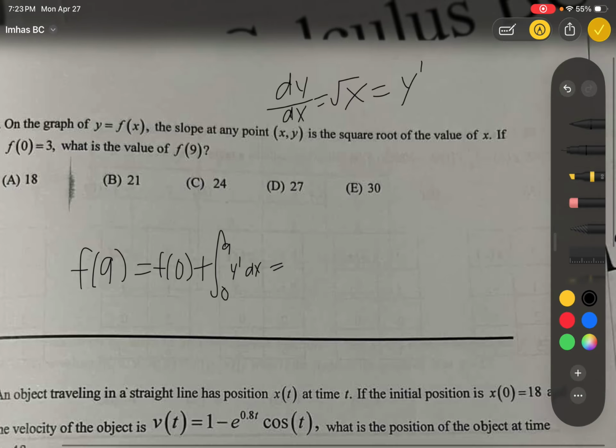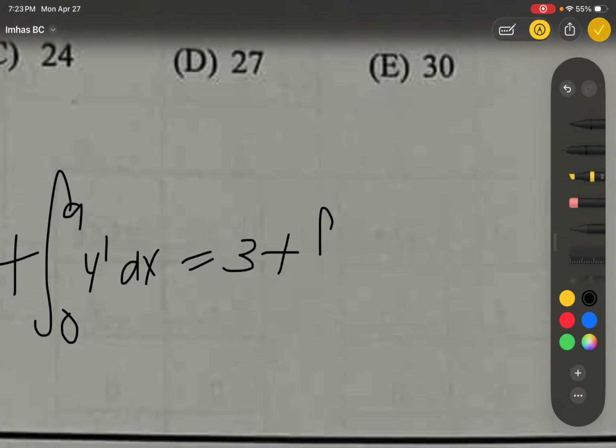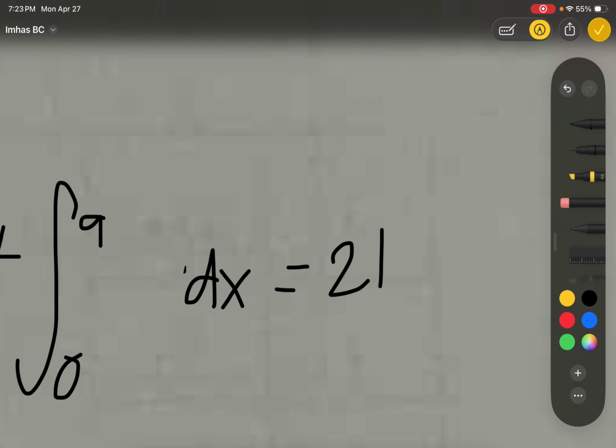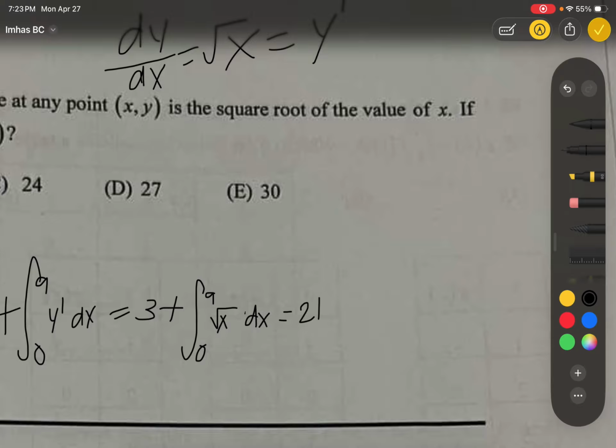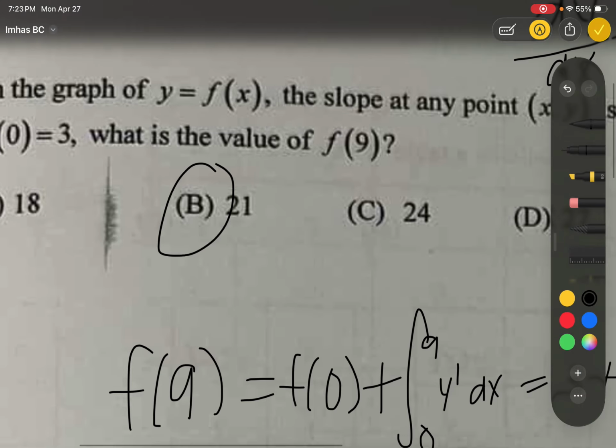And then we're going to plug and chug everything together, which is going to equal 21. Oh, y prime can be rewritten as root x here. Since you're allowed a calculator, use the calculator to save time. If there's no calculator, you can solve this using the anti-power rule. So kaboom, and then kaboom.